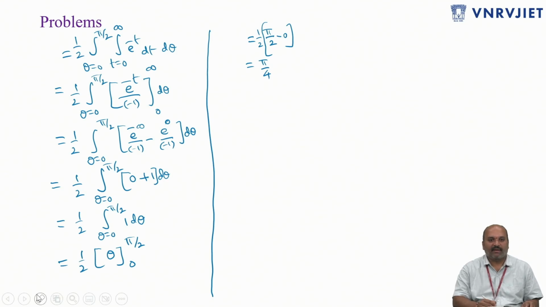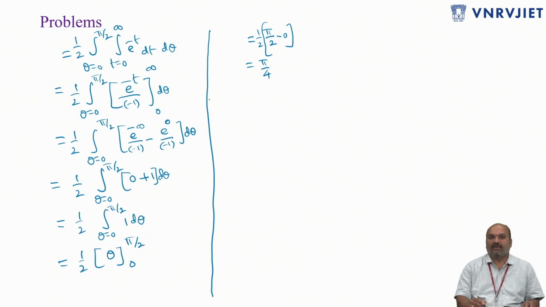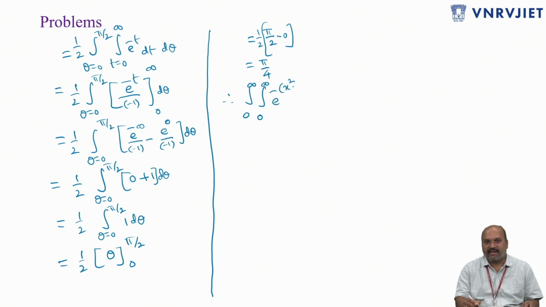Now we got pi by 4. Therefore, the integral from 0 to infinity of e to the power of minus (x square plus y square) dx dy equals pi by 4.